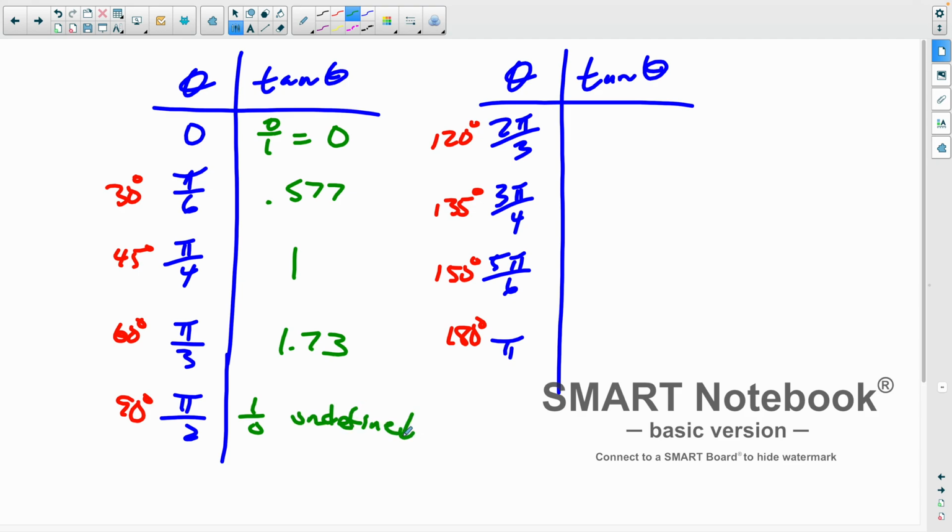Okay. If we go over here, what did you notice that happened in this second part of the column? It mirrored it, but what? Negative. But negatives, okay? So this was negative 1.73. This is negative 1. This is negative 0.577. And this was back to 0. Okay? So that's what our table should look like.